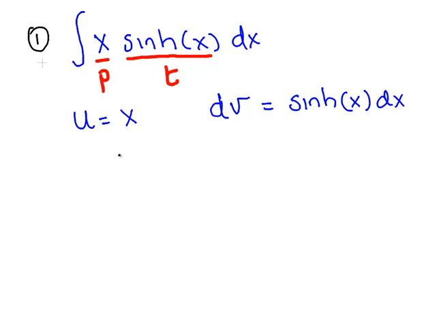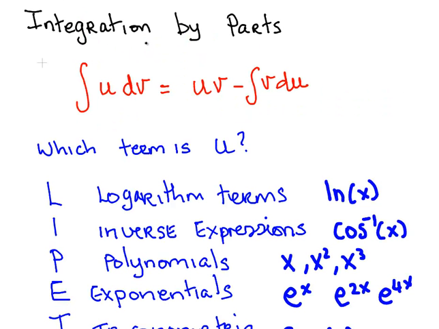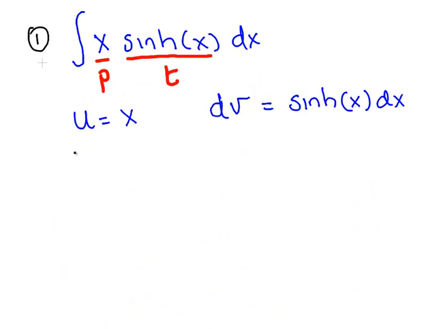Okay. So how do we solve this? Well, first off, if you go back to our formula, uv minus the integral of v du, we need to find v and du. First, du over dx is the derivative of x, which is equal to 1. Therefore, we can say du is equal to dx.